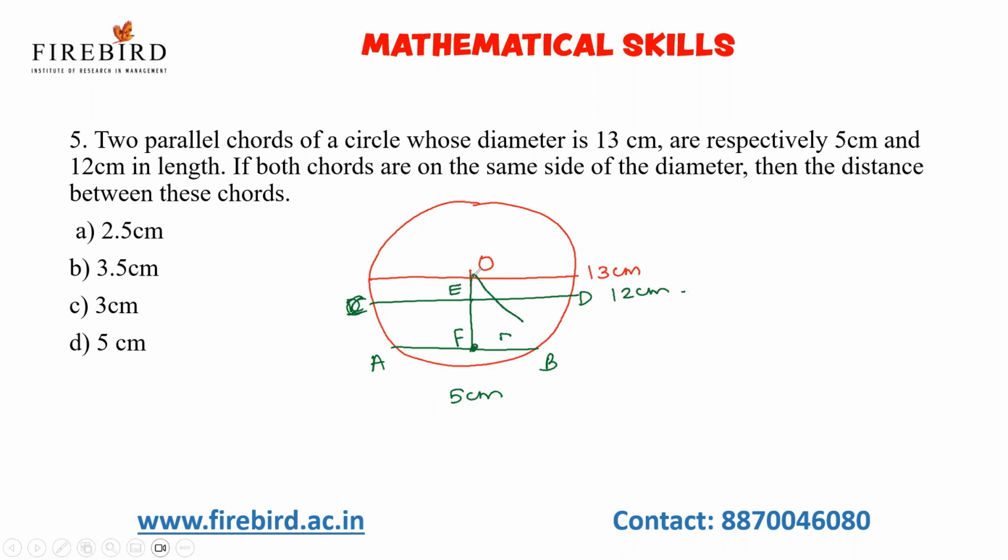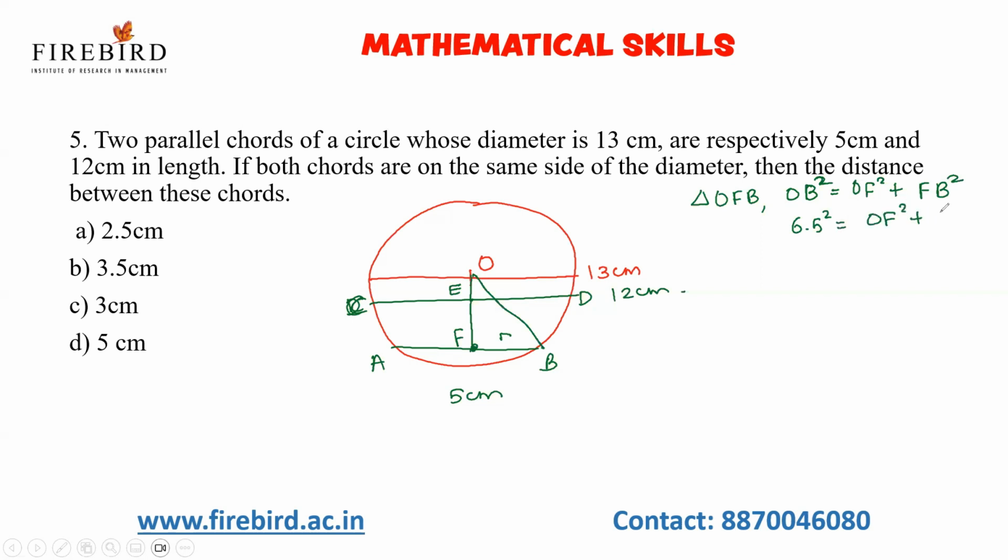Okay, now consider the triangle OFB. If I consider the triangle OFB, OB square is equal to OF square plus FB square. Okay, what is OB square? It is nothing but radius of the circle. It is 6.5 square. OF distance I have to find.